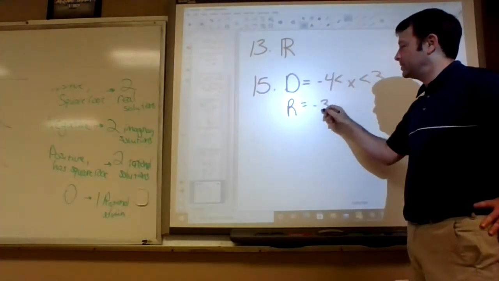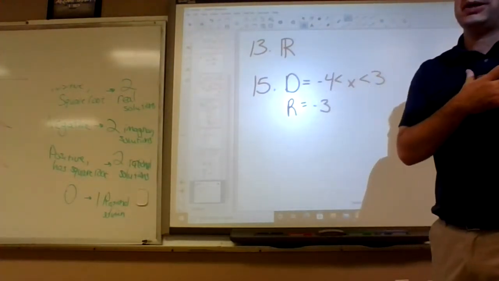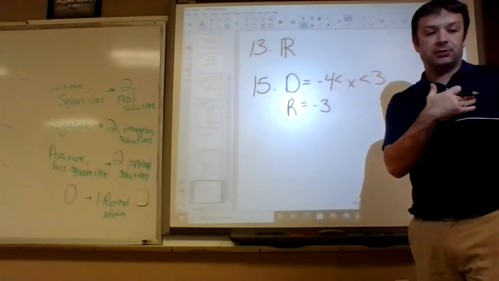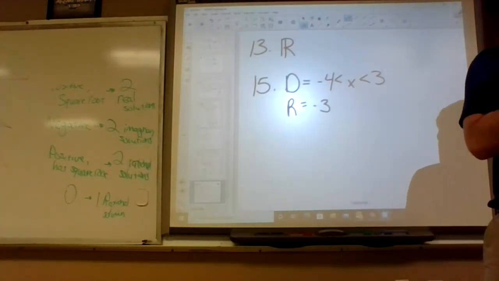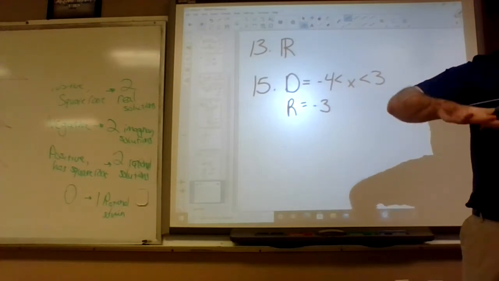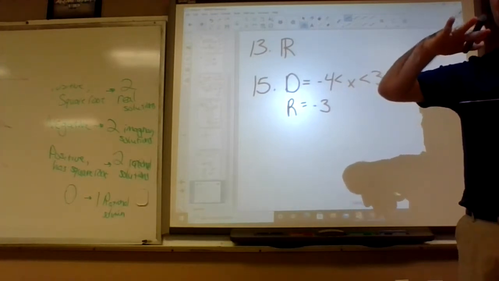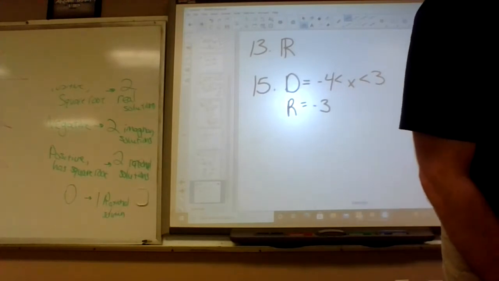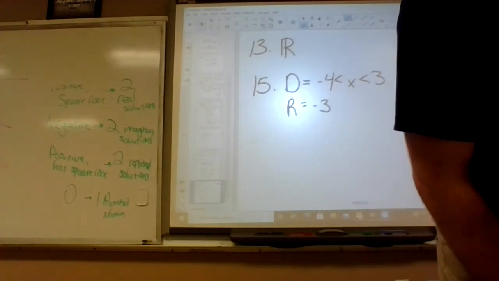So negative 3. Then what's the highest y value it goes to? I think it's 1 off. 4, 3. So we're going down and up, right? So how far up does it go? 1, 2, 3, 4.